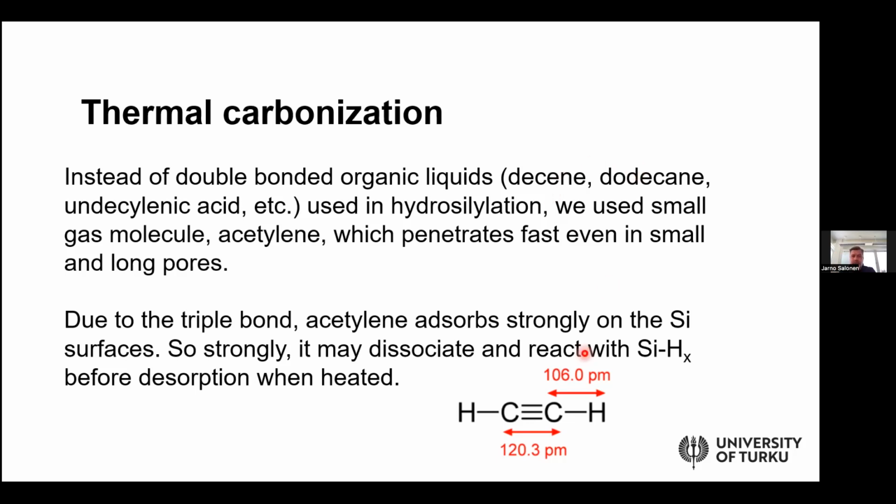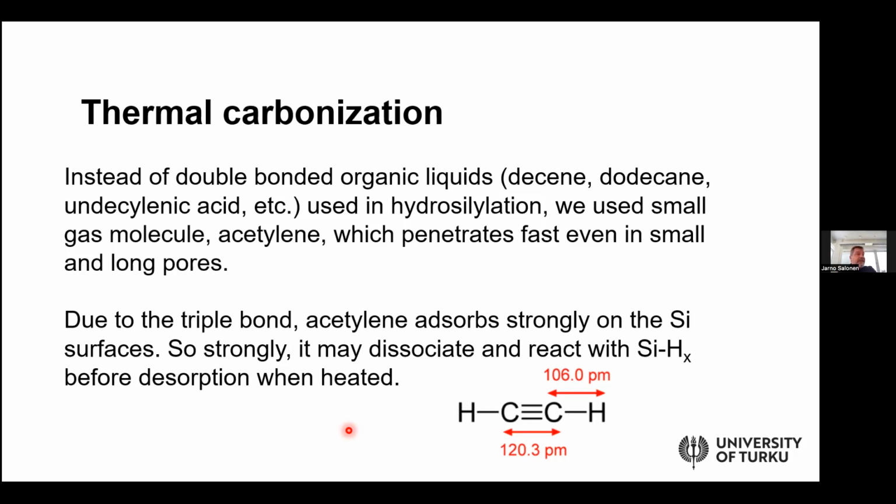And due to the triple bond, acetylene adsorbs very strongly on the silicon surface. So strongly, it may dissociate and react with silicon hydrogen bonds even before it desorbs from the surface when heated.